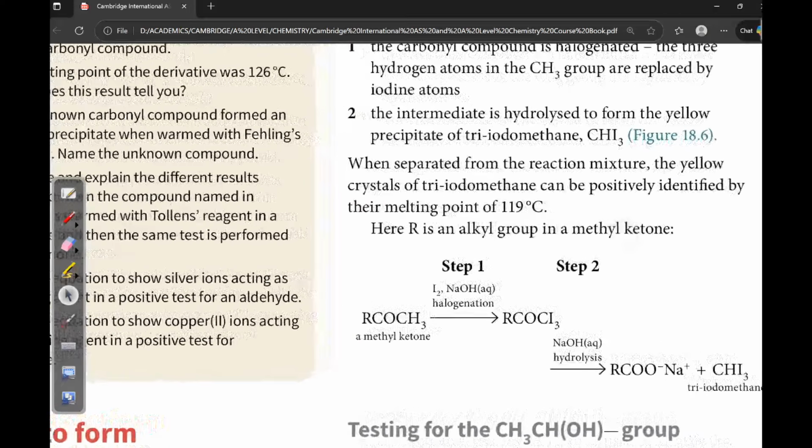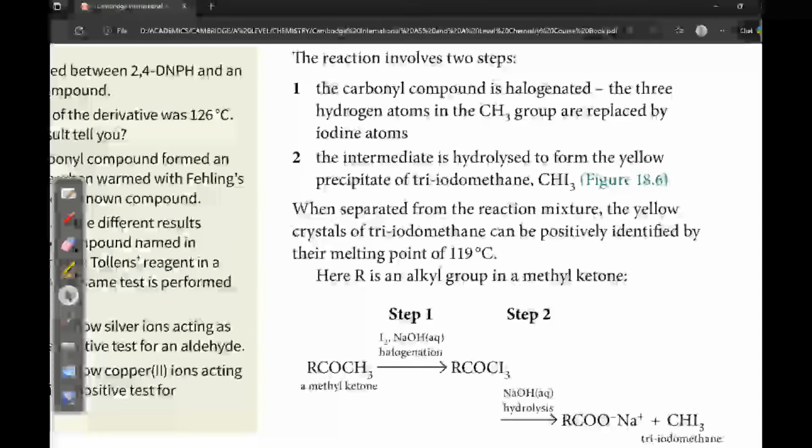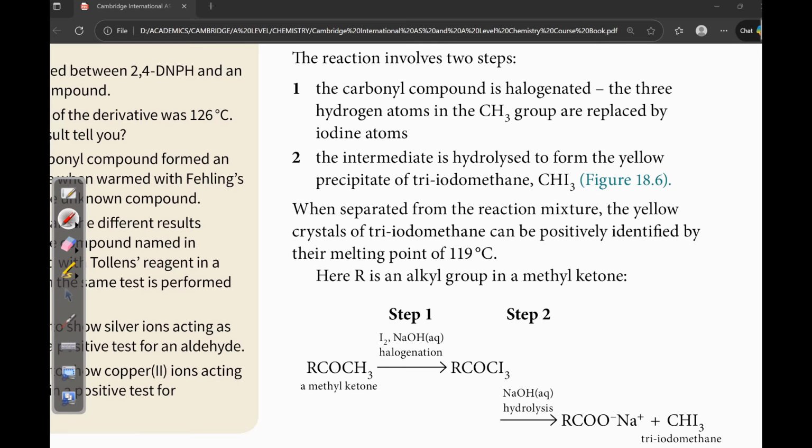So if you look at what is happening here, let me try to zoom. All of these hydrogens here are replaced. Then after that, hydrolysis happens. So I cut this one off: first cut off this carbon with the 3 iodine atoms, and then you give it a hydrogen.